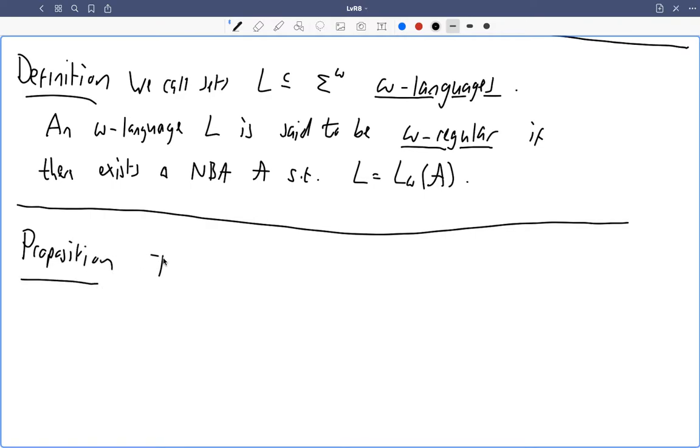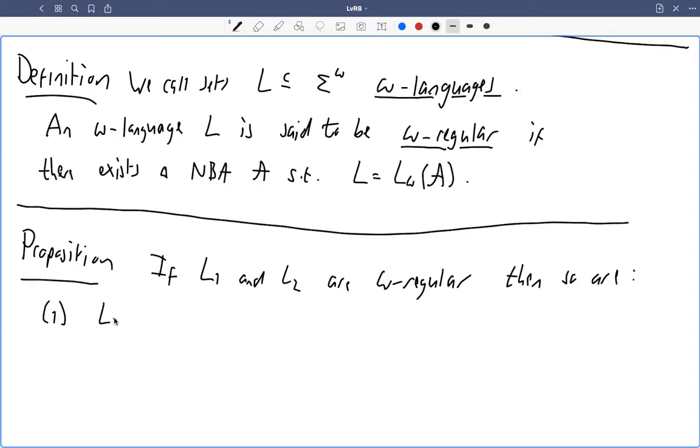is that if L1 and L2 are omega regular, both over the same alphabet, then so are their union, their intersection, and their complement.